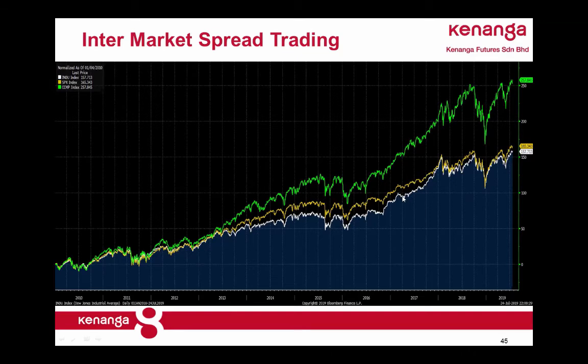So basically, if you see that the lines start to converge, you can buy the S&P 500 and sell the micro E-mini Dow, and then as the difference expands and returns to normal, you can unwind the inter-spread and profit from it.